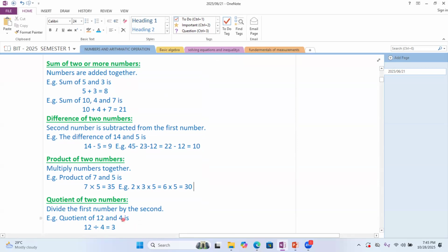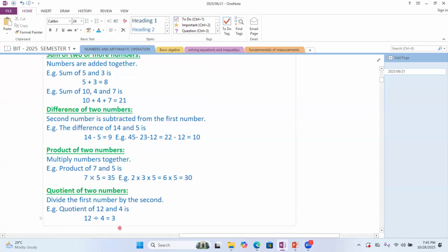We can't consider 4 and 12, that is a different value. So the quotient of 12 and 4 means 12 divided by 4, which is equal to 3.